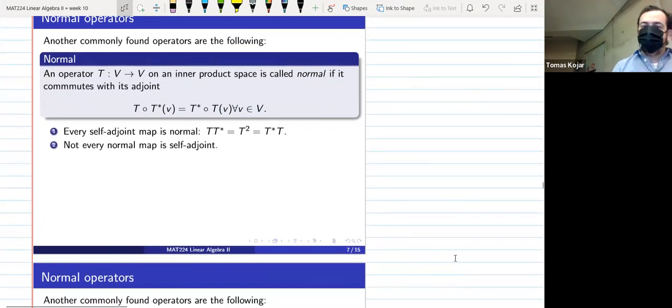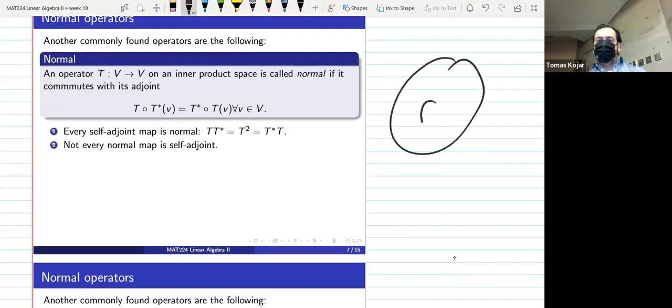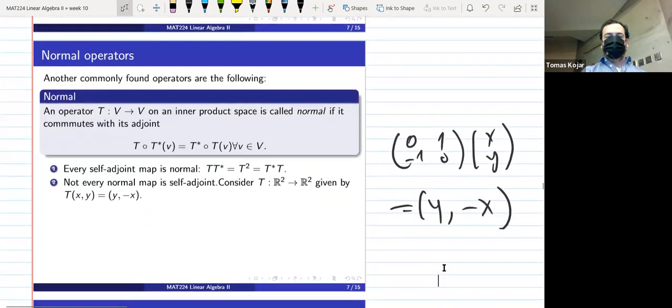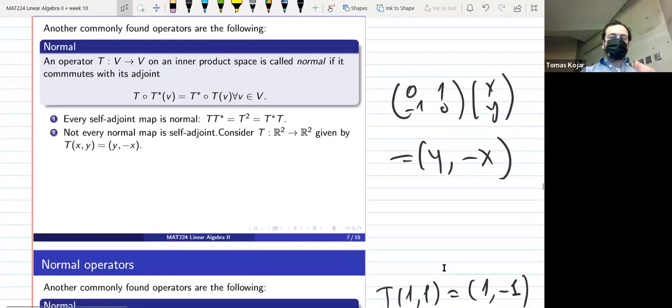But like the picture said, there are normal maps that are not self-adjoint, and so the spectral theorem might not be true for them, but it is. So here's the example. Take the map that takes x, y to y, minus x. And if you write the matrix, it's this rotation matrix.